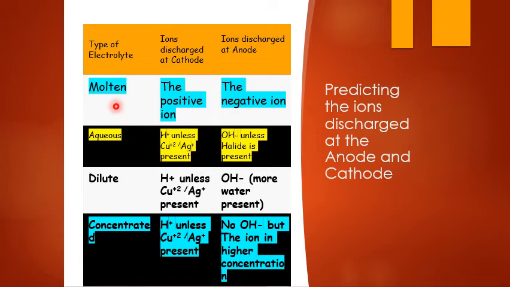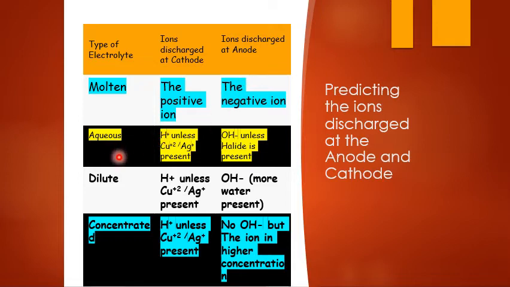In a molten substance, remember, you only have the ions within the compound. So whatever positive ion is present, that's what's going to be discharged at the cathode, and whatever negative ion is present, that's what's going to be discharged at the anode.